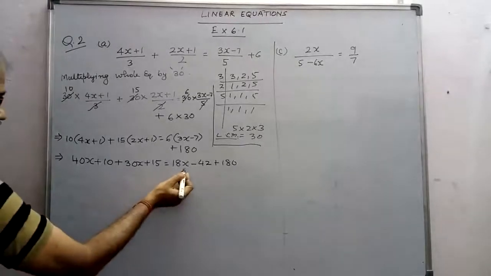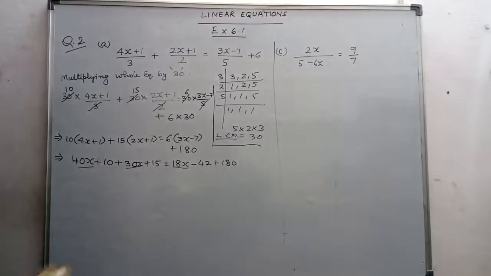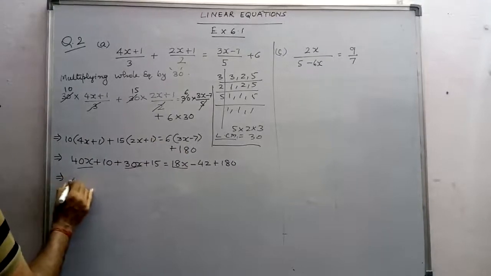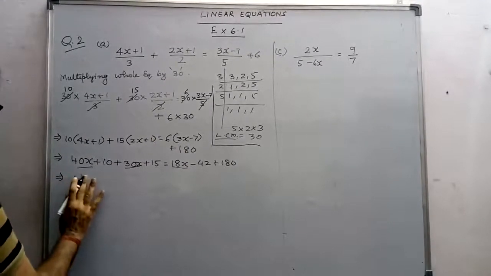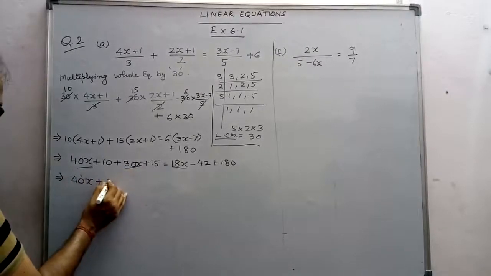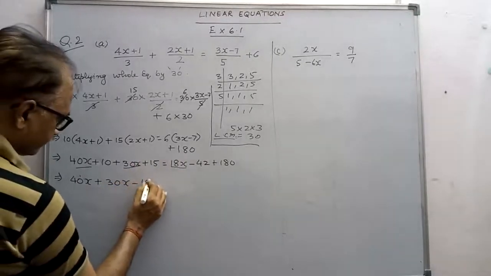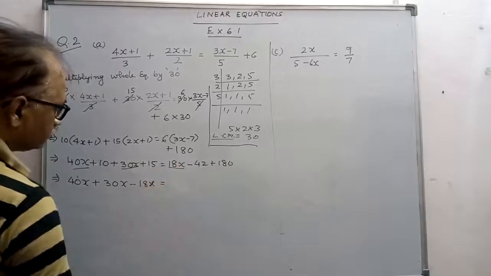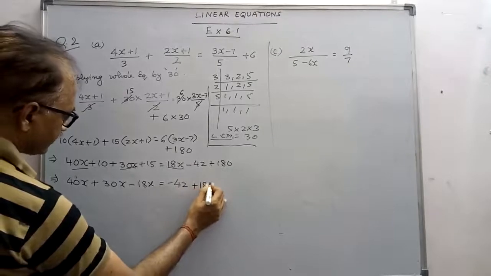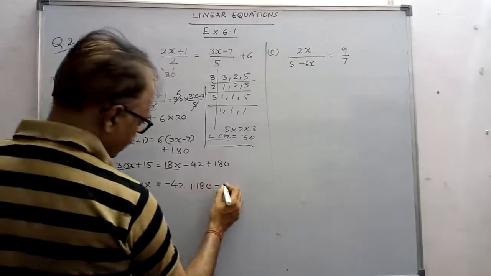Here all the variables have to be brought on one side. They will be transposed. So this implies 40x plus 30x, 18x goes that side so minus 18x, is equal to minus 42 as it is, plus 180 as it is. 10 and 15 is 25, 25 goes that side, minus 25.